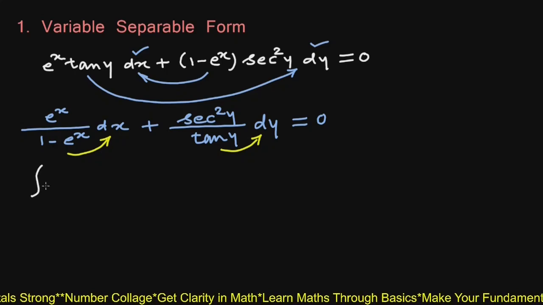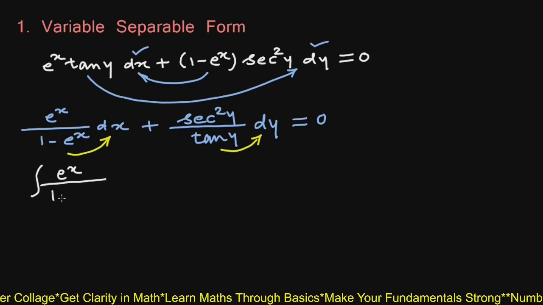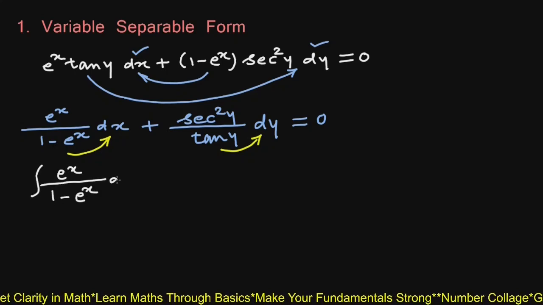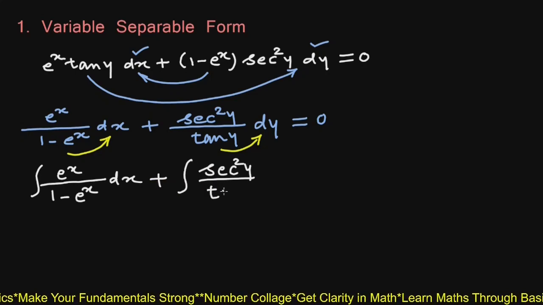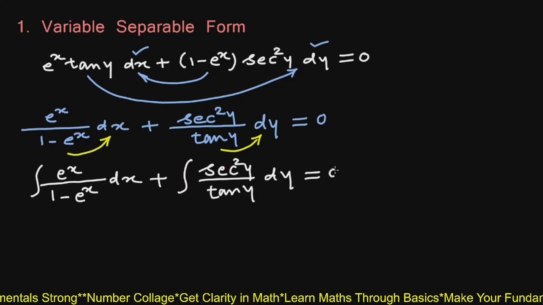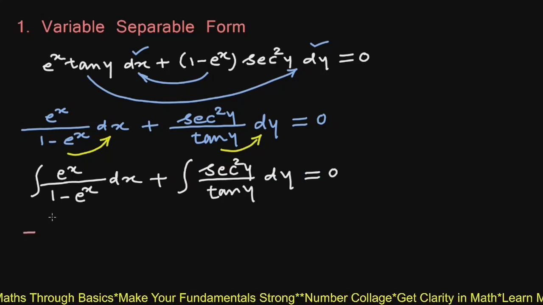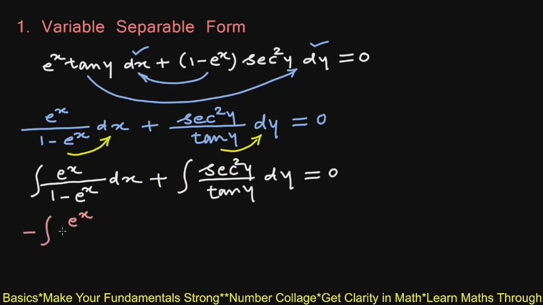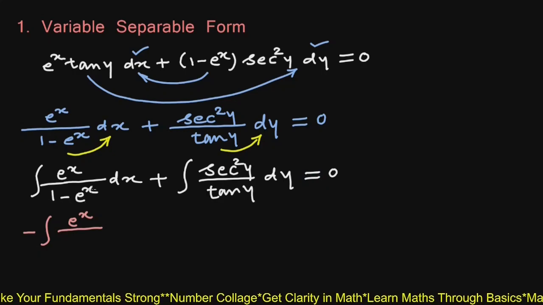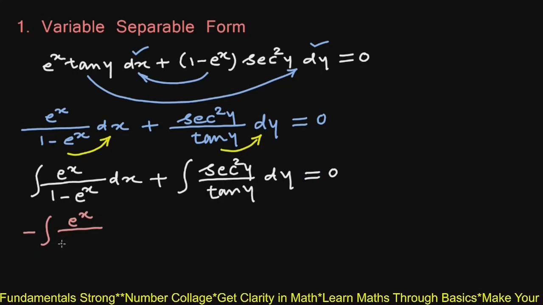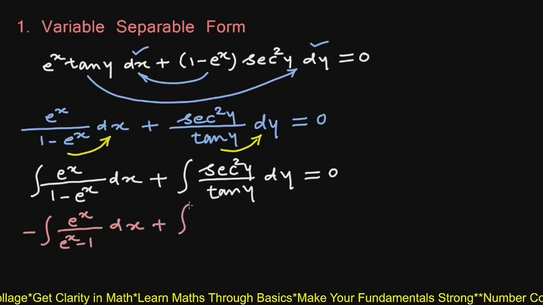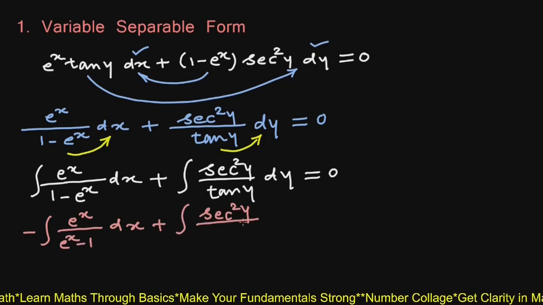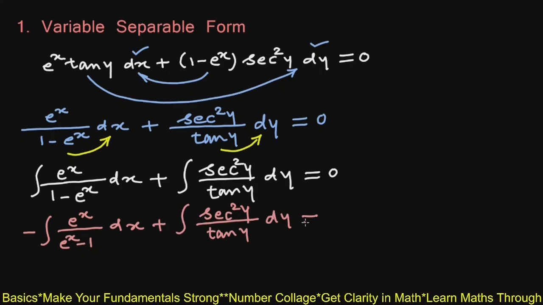Now integrating e raised to x upon 1 minus e raised to x dx plus integral sec square y upon tan y dy equals 0. We write this as minus integral e raised to x upon, we write 1 minus e raised to x in the reverse order, e raised to x minus 1 dx plus integral sec square y upon tan y dy equals 0.